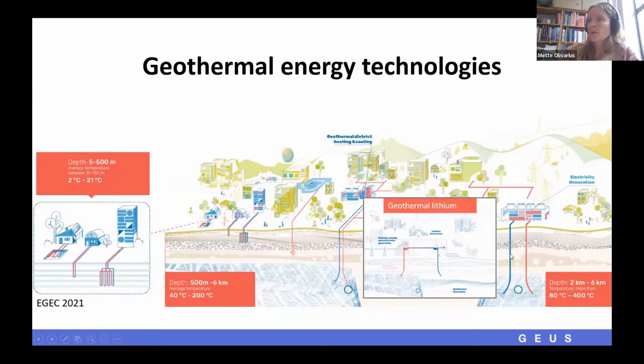And then geothermal can also be used for electricity generation, either if you drill really deep into hot rocks, or if you are in a volcanic area where the rocks are very hot right at the surface.